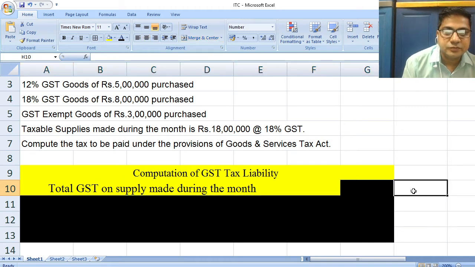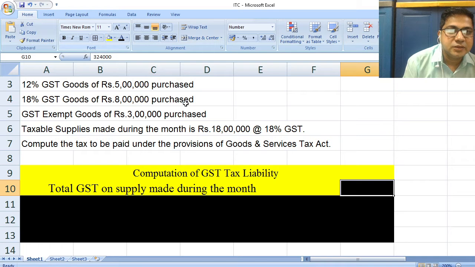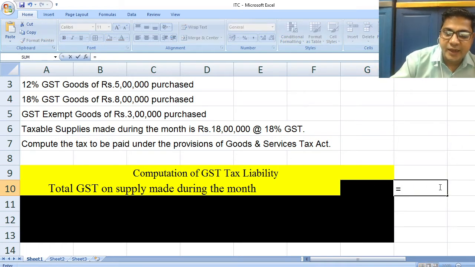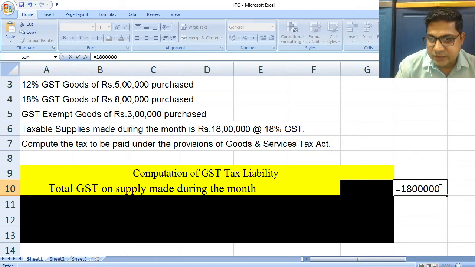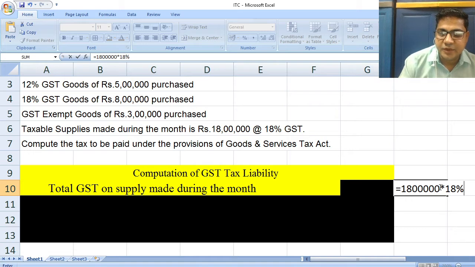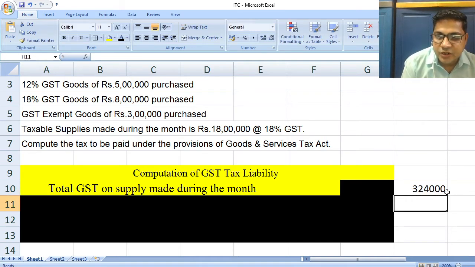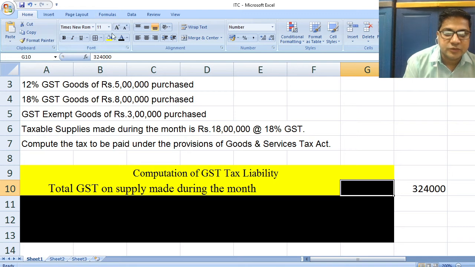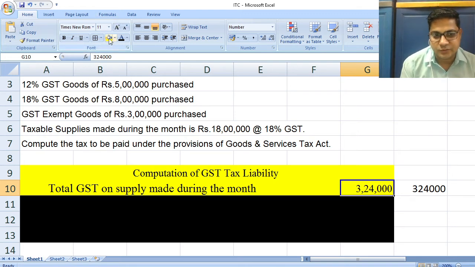So it is on 18 lakhs multiplied by 18%. 18 lakhs multiplied by 18% is 3 lakh 24,000. It means this GST amount is generated on 18 lakhs of goods sold during the month of November.